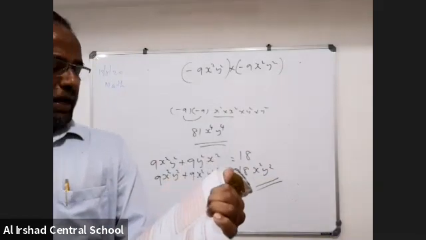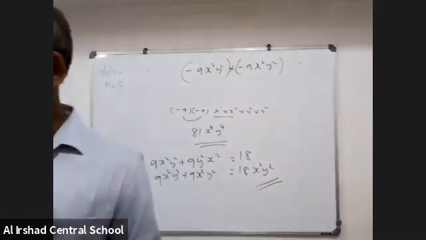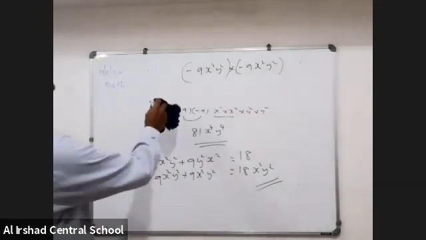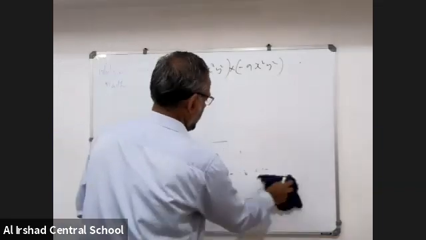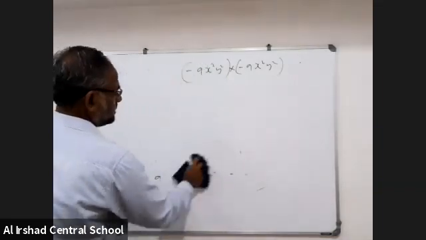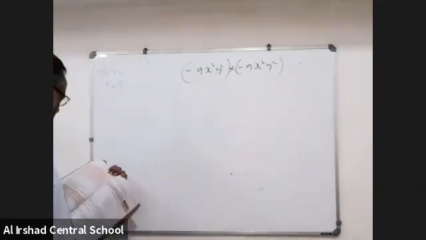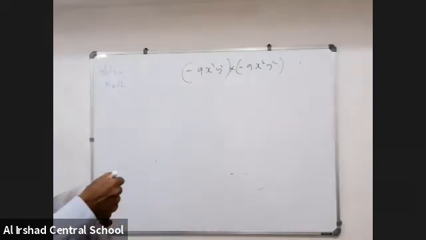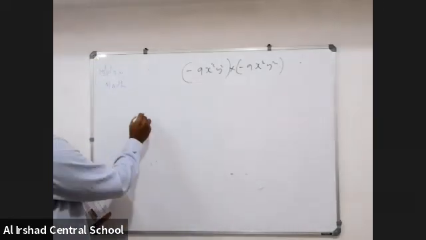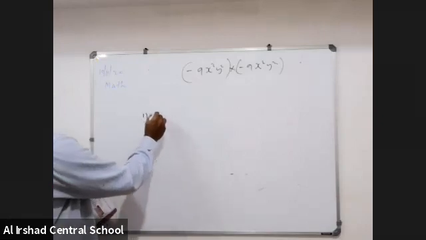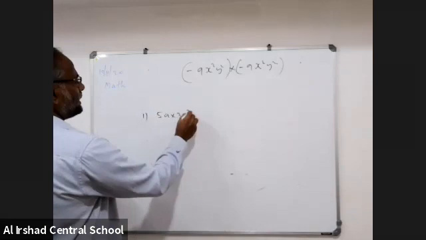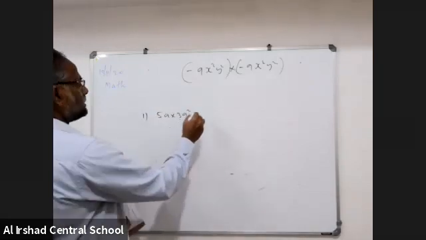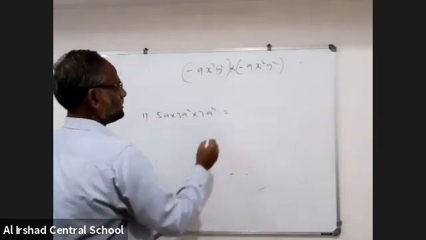First one, 5a into 3a square into 7a raised to 4. Tell me first, what is the answer? First one, volume is L into B into H. 5a into 3a square into 7a raised to 4. All of you do this first.